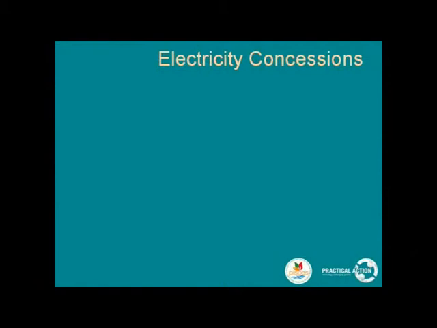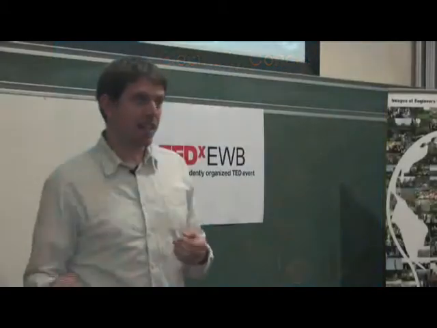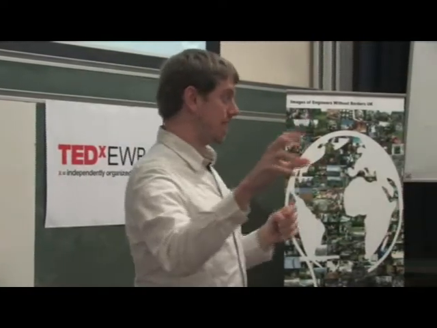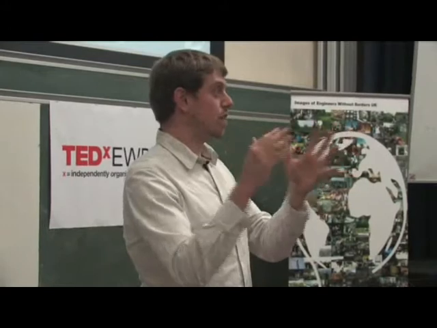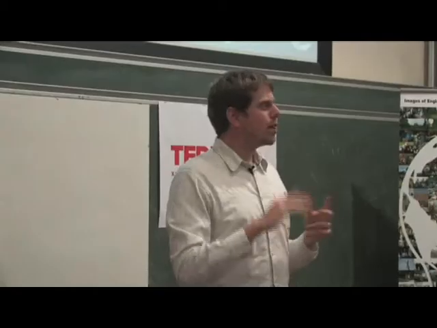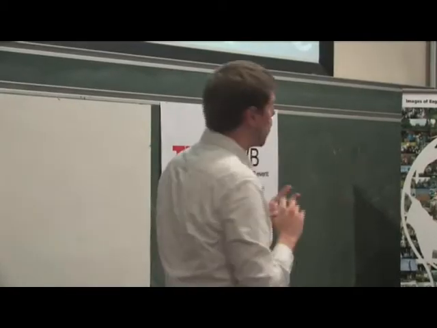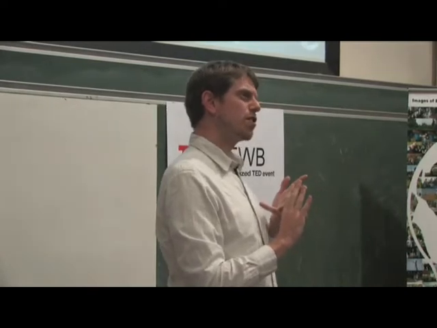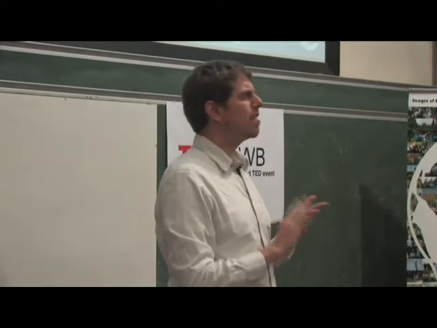So electricity concessions. Concessions is a nice way of saying that the government is going to say, right, okay, company, you operate that system, you've got this area, these households, go and provide it. But actually what we have in this country for distribution and transmission of electricity. But we don't have this system for generation and supply, because it doesn't seem to work so well. So you say, well, hold on a minute.